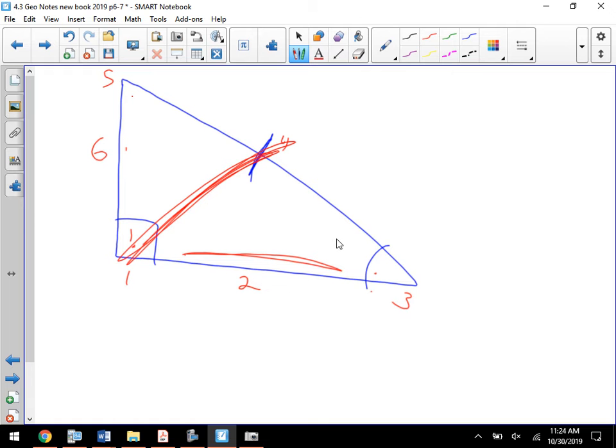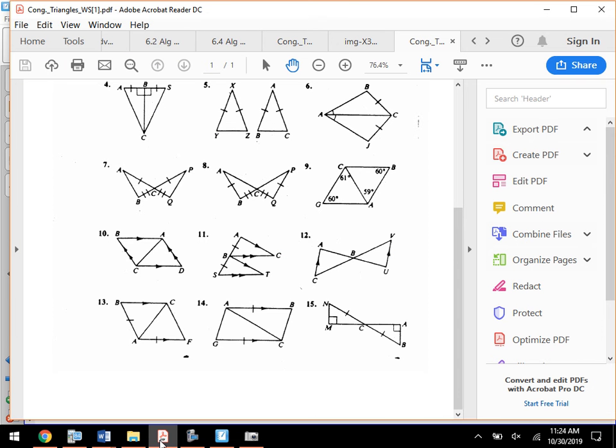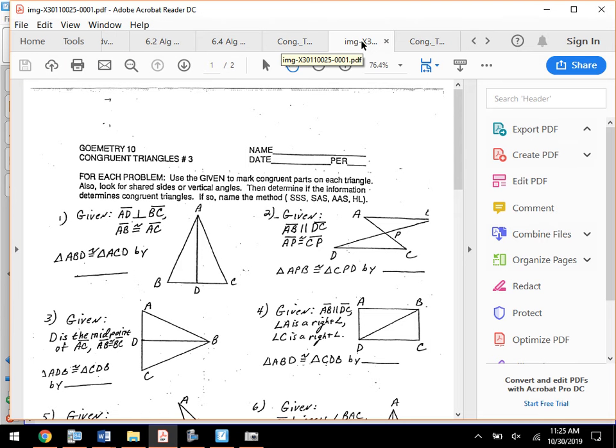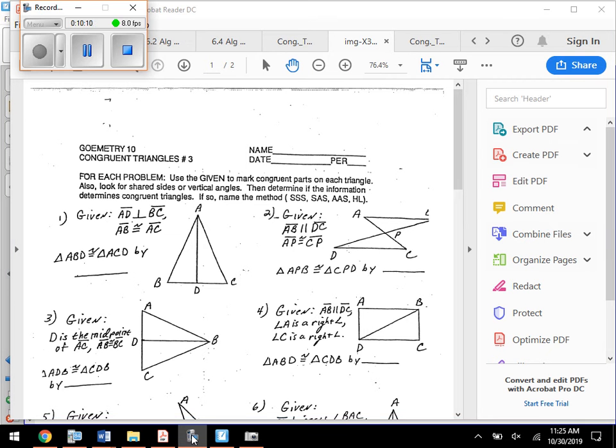So, on this one here, what I want to do right off the bat on number 1 is change one thing.